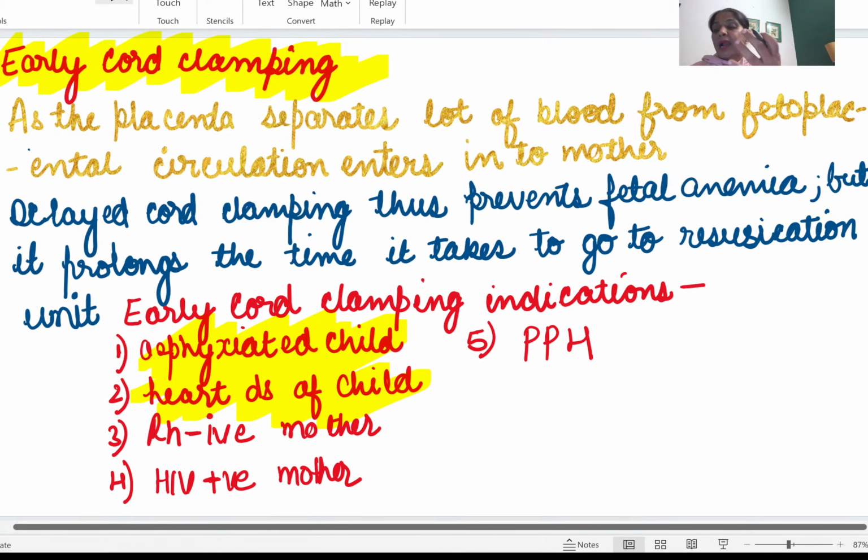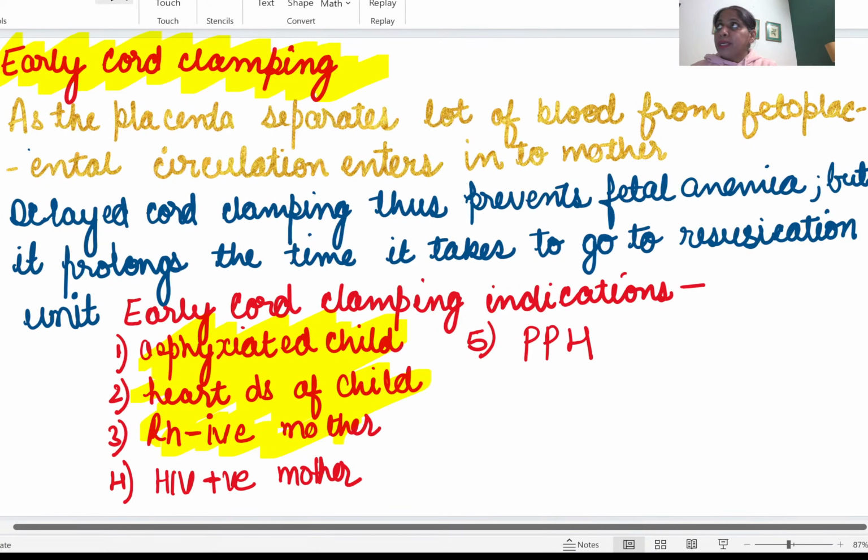In the case of asphyxia, heart disease, and an Rh negative mother, where a lot of antibodies will go into the fetus, in these three conditions we are not going to do delayed cord clamping, and we will do early cord clamping.